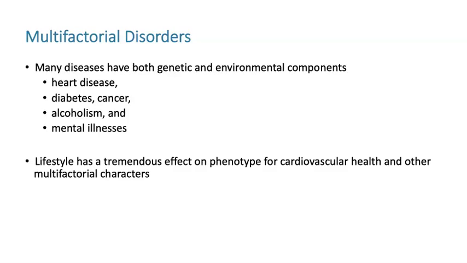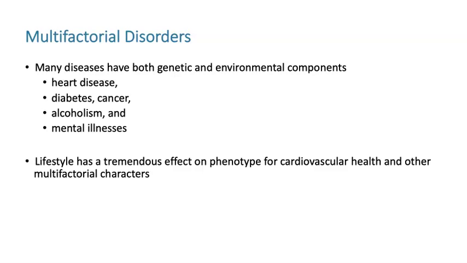Remember we talked about multifactorial traits before. Remember that has a lot to do with environment. Well, there are human disorders that are also multifactorial, including heart disease. You might have a gene for heart disease, but if you're eating a lot of red meat, if you're eating a lot of high animal fat diets, you're more likely to get heart disease.